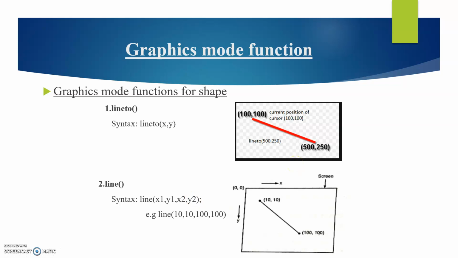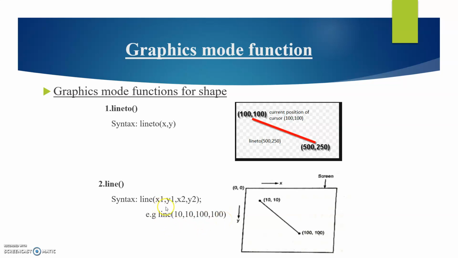Where x1, y1 are the coordinates of the starting point of the line and x2, y2 are the coordinates of the end point of the line. An example is shown. I have taken a line function, line(10, 10, 100, 100).